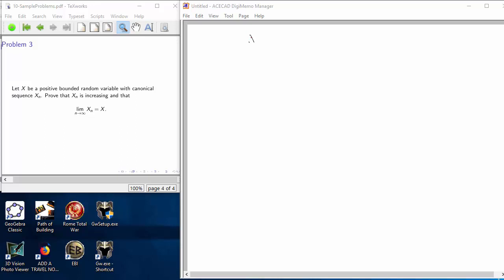So the first point, random variable x is bounded by some value m. We're still not dealing with unbounded random variables. In other words, x is non-negative and it's less than m.